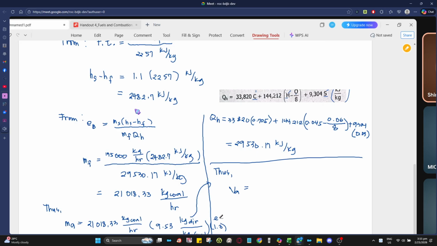Okay, so this is excess air. So this should give us 260,396 kilogram of air per hour. Okay, so this is the total amount of air required for the combustion.